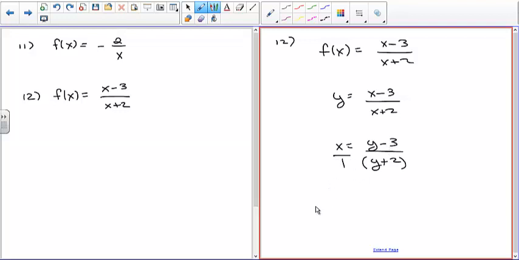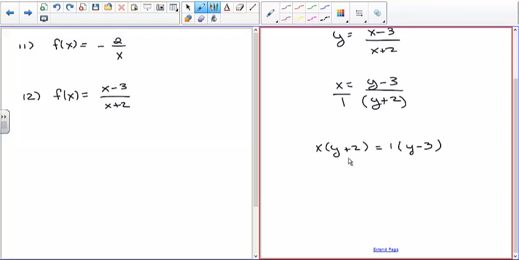So you'll have x times y plus 2 is equal to 1 times y minus 3. Then we'll multiply everything out, and we're trying to solve for y. So move all the stuff that involves y to one side. So this y moves to the other side, becomes negative. The 2x moves to the other side, becomes negative 2x.